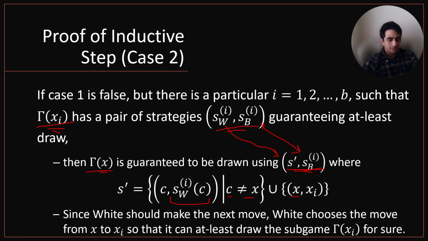And for the game state x, white should go to a game state xi because xi is going to guarantee at least a draw. So this strategy S prime coupled with SB i will guarantee a draw. So white should make the next move, go to xi, and then in that state, we have a subgame that is determined, and it's going to guarantee at least a draw for both sides.